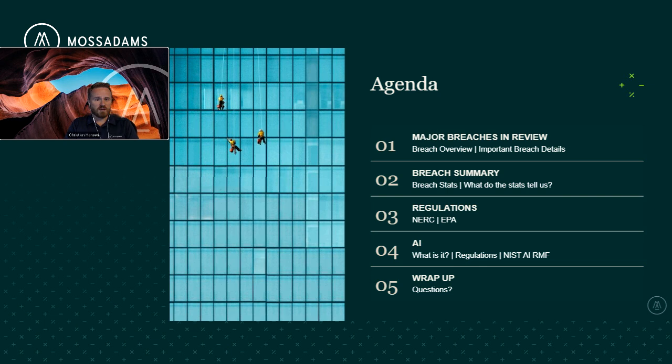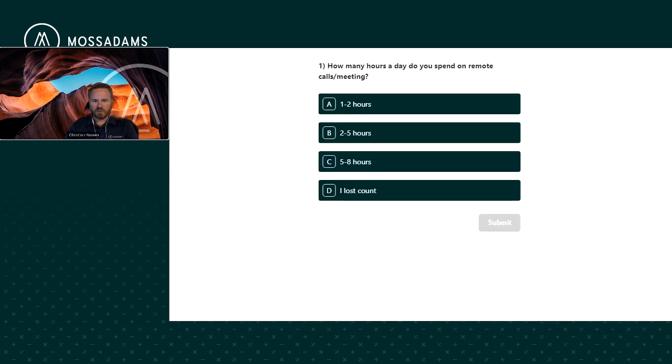We'll be reviewing a lot of content from Verizon's data breach investigation report. There are some interesting trends and changes in trends last year that we'll want to look at. We'll talk a little bit about regulations and then wrap things up at the end. If you have questions, feel free to drop them in the Q&A.